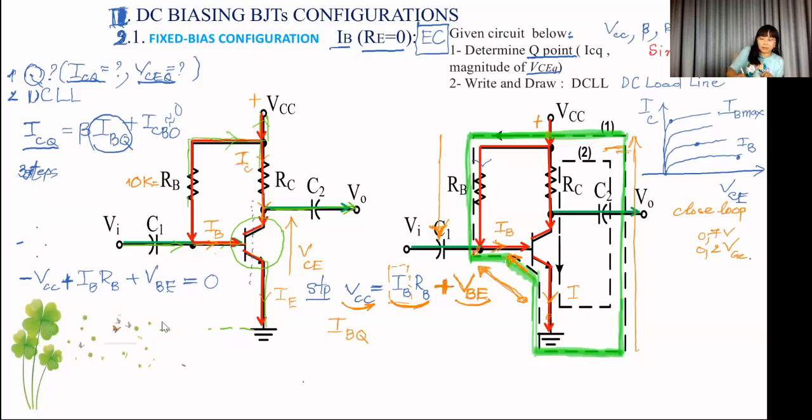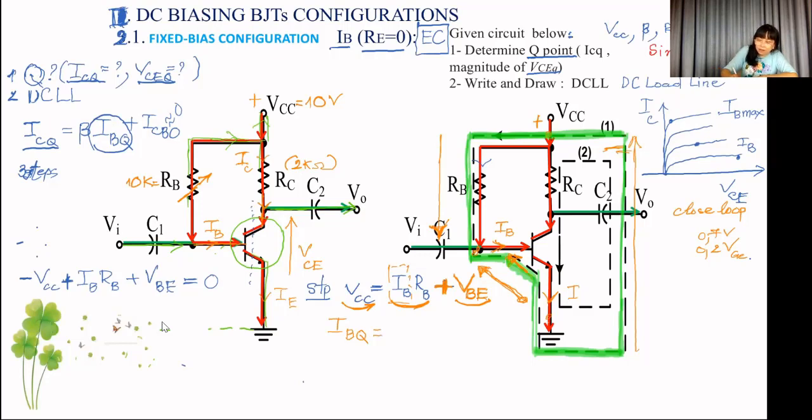I put here 2 kilo ohm, for example. This is like an exercise. I put here maybe 10 volt. This is my circuit, and your circuit might be a little bit different. You can change the name of the resistance, right?